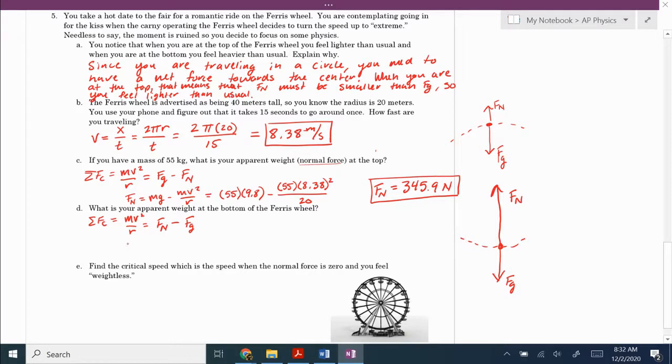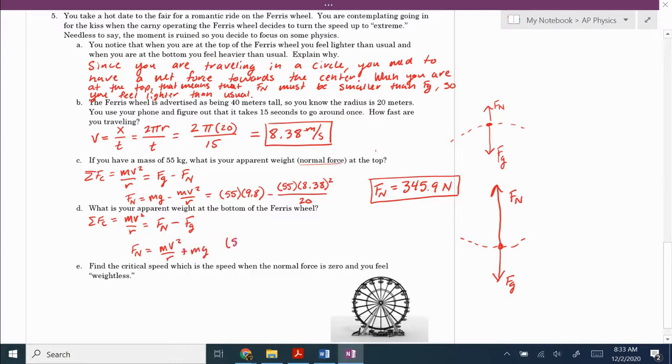So then we're looking for the normal force again. So the normal force is going to equal, add the force of gravity to the other side, mv squared over r plus mg.